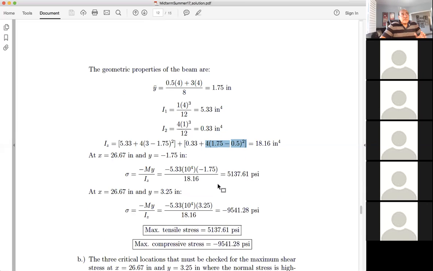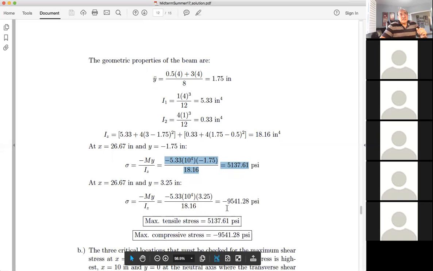And then once I know the location of the common centroid, it's minus 1.75. So there's a kind of asymmetry. The top part of the beam has a compressive stress of 5,000, and the bottom part has a tensile stress.